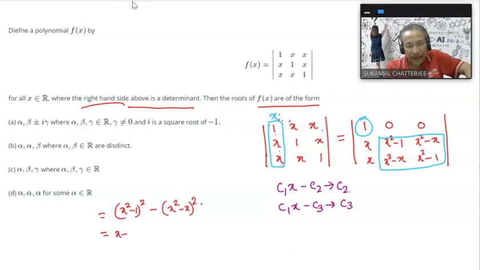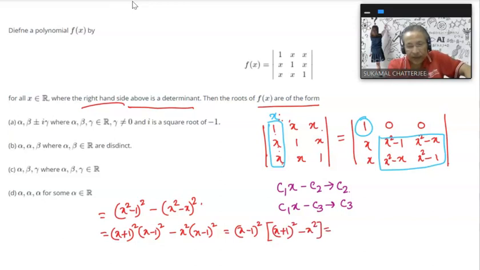So this is (x plus 1) whole square times (x minus 1) whole square minus x square times (x minus 1) whole square, which is (x minus 1) whole square as a common term times [(x plus 1) whole square minus x square], which is (x minus 1) whole square times (2x plus 1). Therefore the roots of this equation are x equal to 1, 1 and minus half.